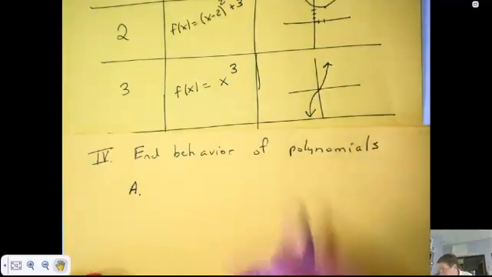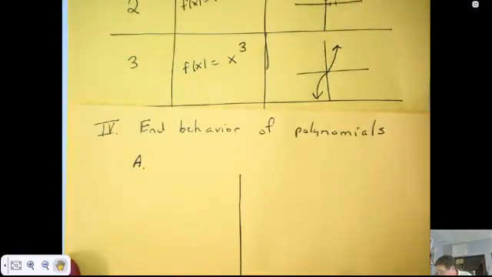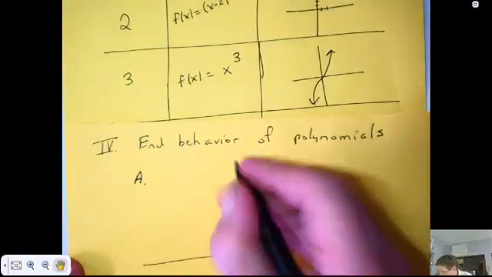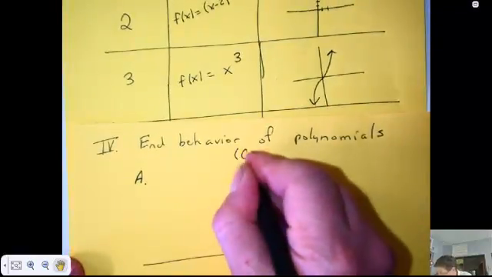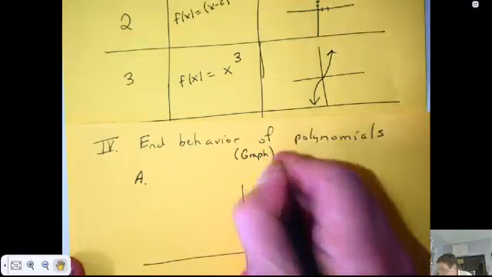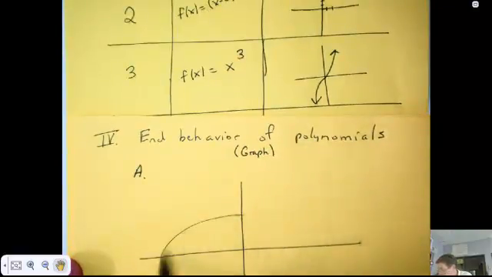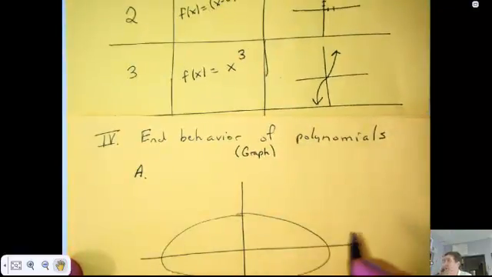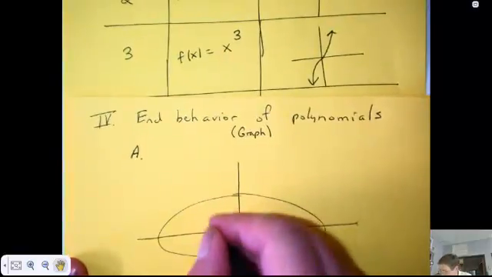As we analyze polynomials, we really look at two different parts of them on the graph. I guess I should add this is the graph of a polynomial. So we have all the stuff that happens here in the middle, and that's really important stuff and very interesting, but we're going to call that the middle behavior.